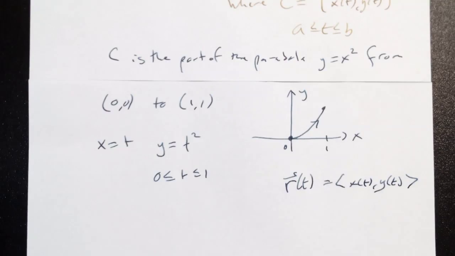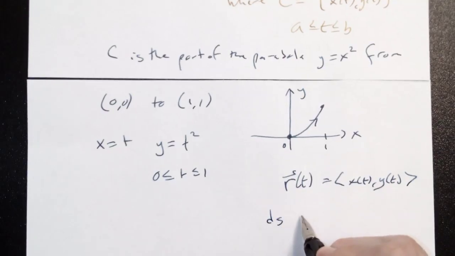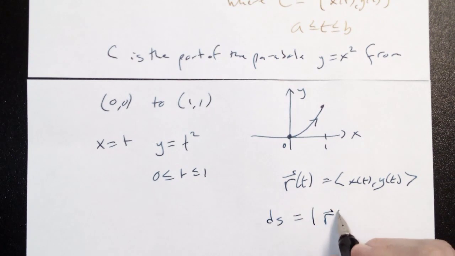By the way, that makes ds the length of r prime of t dt. And that's what we did back in chapter 13. That's even the way we wrote it. I like thinking of this in vectors. I think that's helpful. But it will also be easy to think in parametric terms.